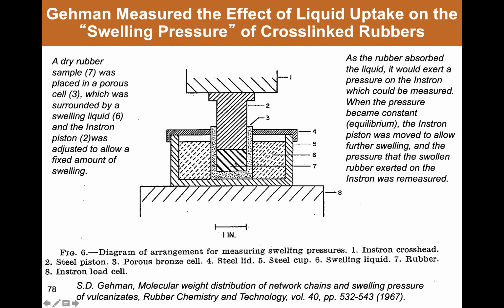And as that happened, the polymer is constrained here. It's trying to absorb this solvent, which it likes very much, as we'll see in a moment. And at the same time, its volume is constrained.